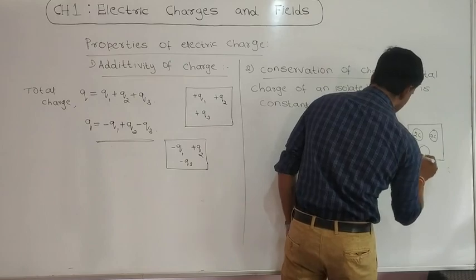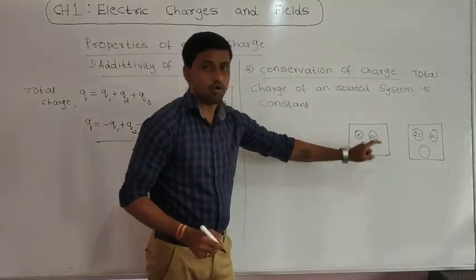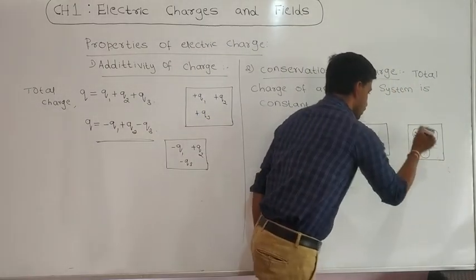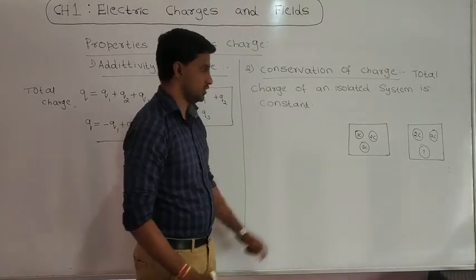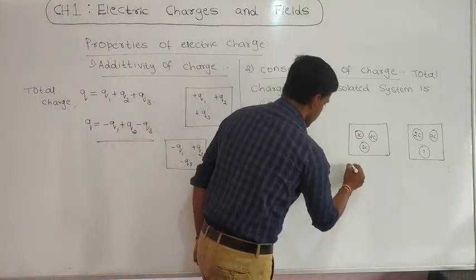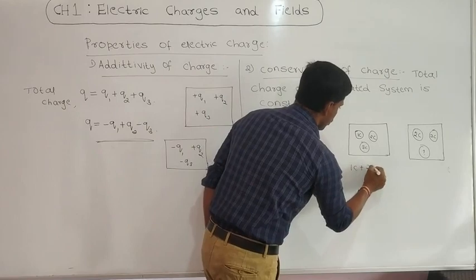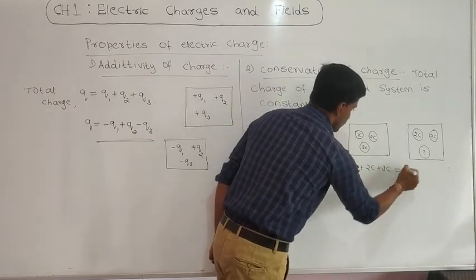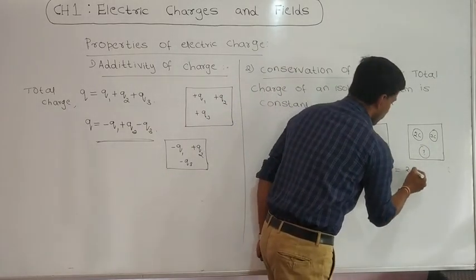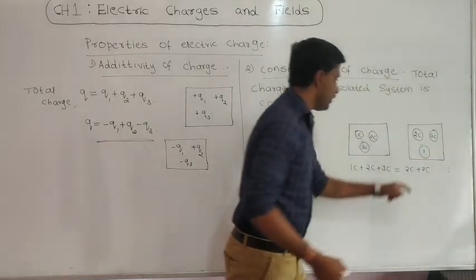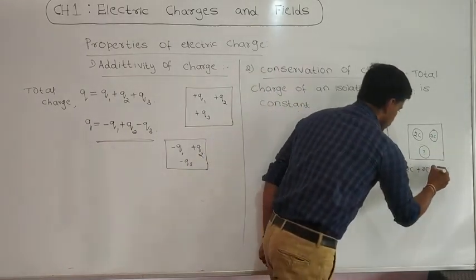Then what is the other value of charge? That one is very important. How to calculate it? By calculation, here it has 1 coulomb plus 2 coulomb plus 3 coulomb, and here it has 2 coulomb plus 3 coulomb. I don't know the other charge, so I should calculate it.